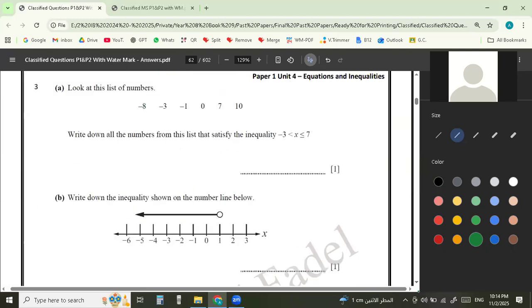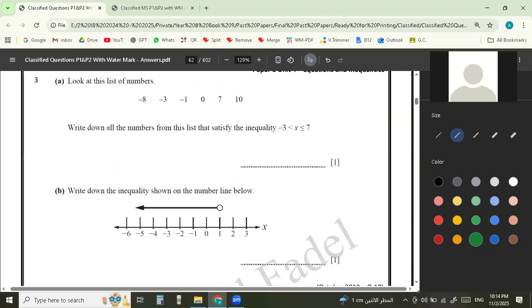Look at this list of numbers. Write down all the numbers from the list that satisfy the inequality: x is greater than negative 3, but less than or equal to 7. Well, negative 8 is definitely not greater than negative 3, so no way, I'm not going to take it. Negative 3 here, but mister, am I going to take negative 3? No, they said greater than negative 3, and negative 3 is not included. Negative 1, greater than negative 3? Yes.